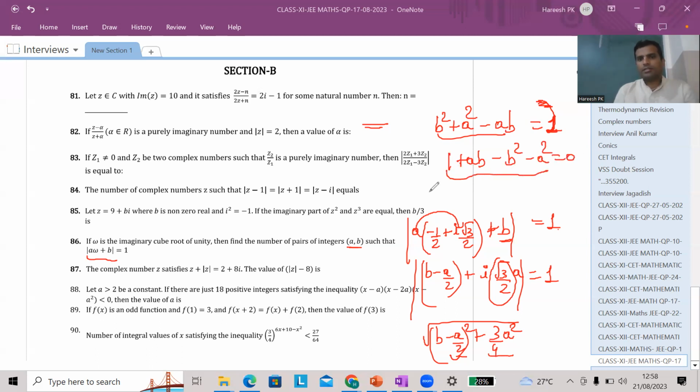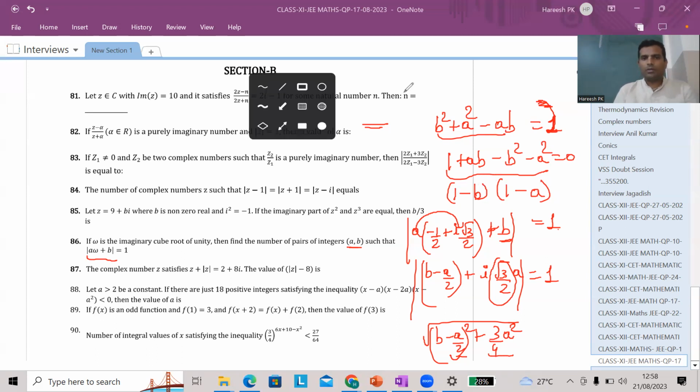So now factorize this. When you factorize this, you get 1 minus b into 1 minus a. No, I don't get this. So now you'll have to see how to factorize this.